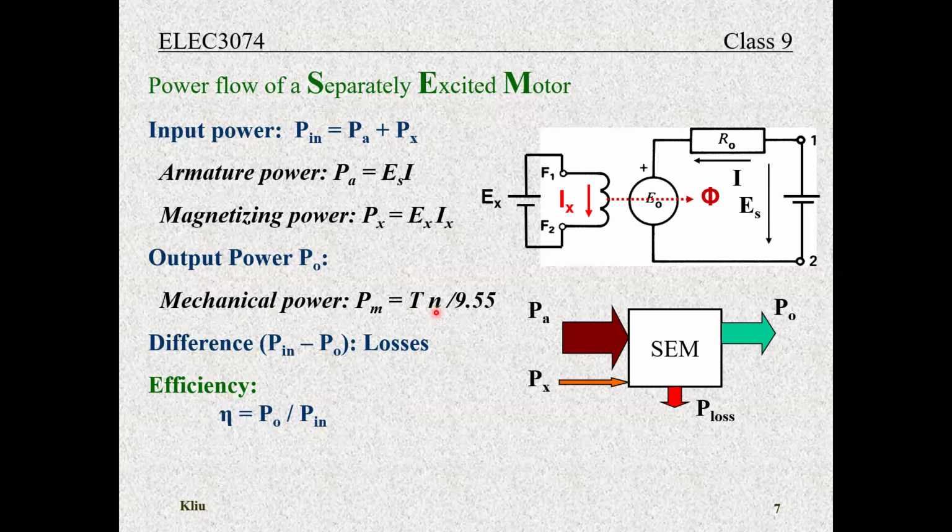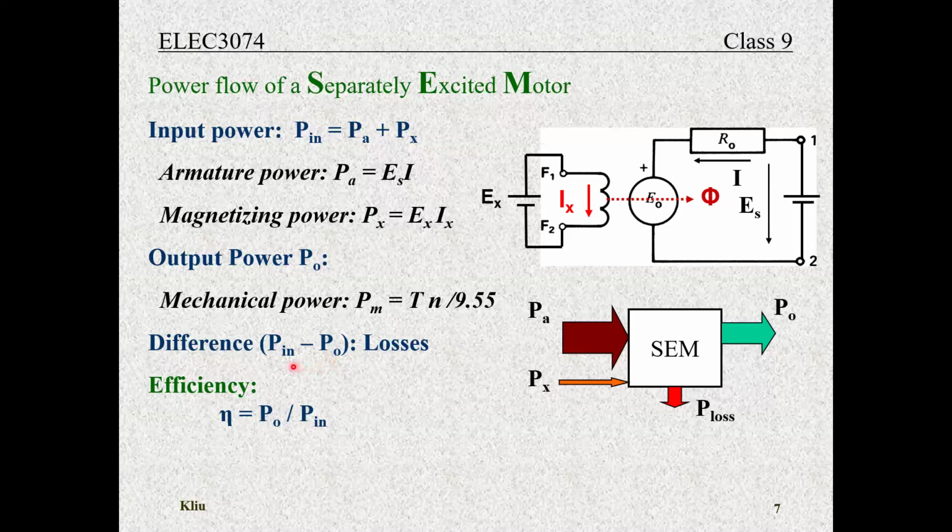Alright, so what do we have? The losses. Where do we get the losses? Well, we always have to put in more power and we're always going to get less power out of whatever machine we are putting the power into.